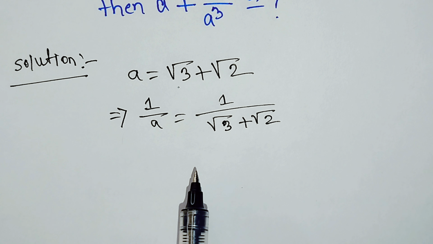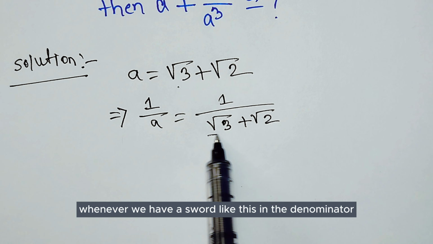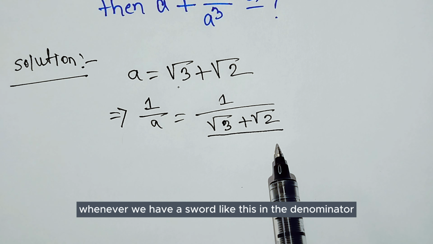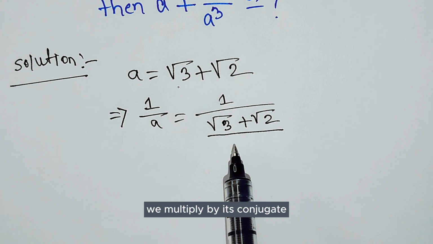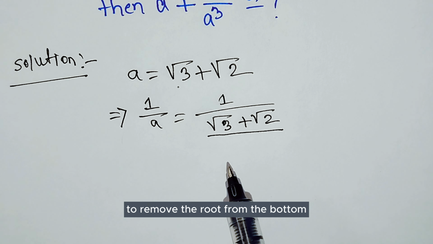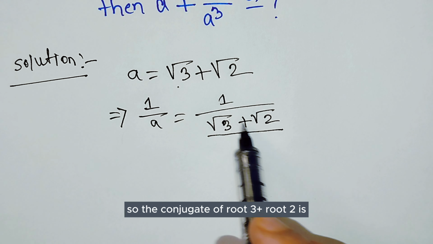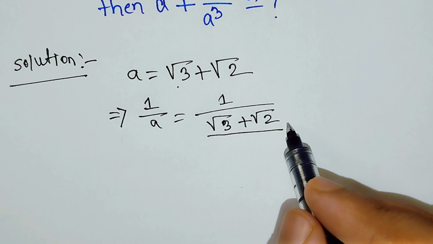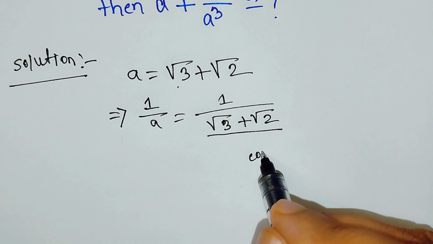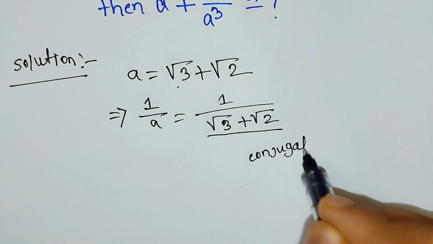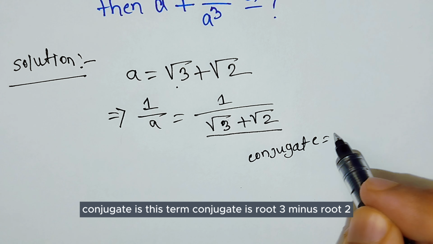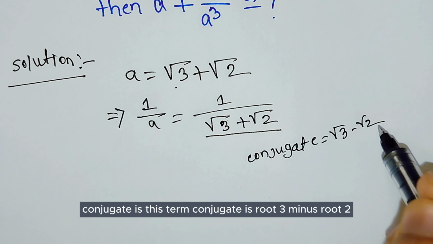Now, whenever we have a surd like this in the denominator, we multiply by its conjugate to remove the root from the bottom. The conjugate of root 3 plus root 2 is root 3 minus root 2.